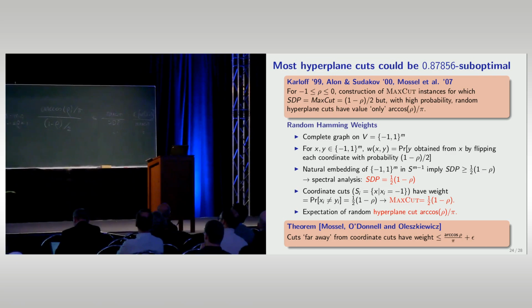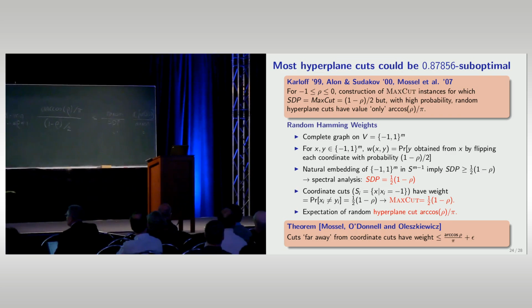But one result that's key for the next slide is actually a result of Mossel, O'Donnell, and Oleszkiewicz, apologies. I should have put MOO, like in Cédric Villani's presentation. That would have been much better.